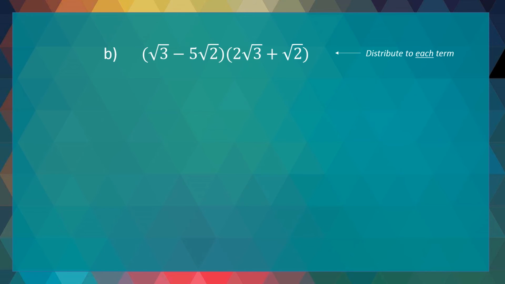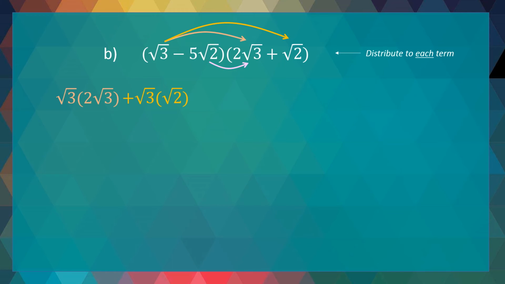So we will need to distribute to each term. Looking at our first term, we distribute square root 3 to 2 square root 3. Then we distribute square root 3 to square root 2. Now we are done distributing the square root 3, and we move to the other term.